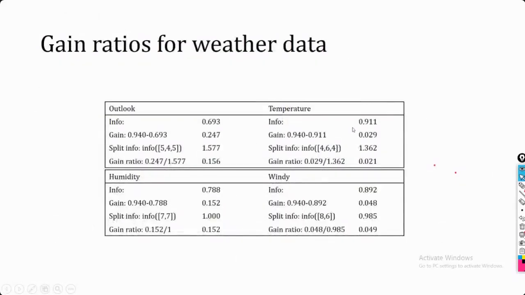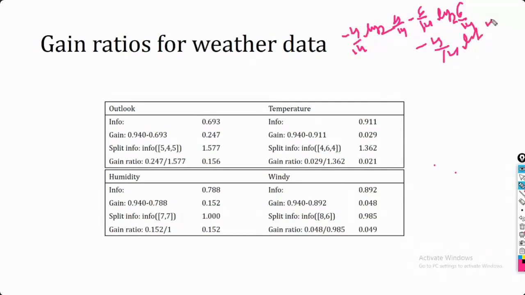Suppose we are getting 4, 6, 4. Again this is going to be the same: minus 4 divided by 14 log base 2 of 4 divided by 14, next, minus 6 divided by 14 log base 2 of 6 divided by 14, minus 4 divided by 14 log base 2 of 4 divided by 14.